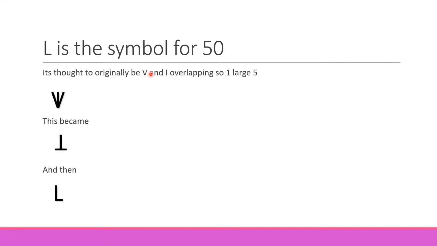And V is the symbol for 5, and of course I or 1 is the symbol for 1, 2, 3, and so on and so forth. And the other symbols for 1,000 and 100. 100 is easy. It's C because cent, centurion, like 100 cents makes sense. But for 1,000, it's M. It's a millennium.